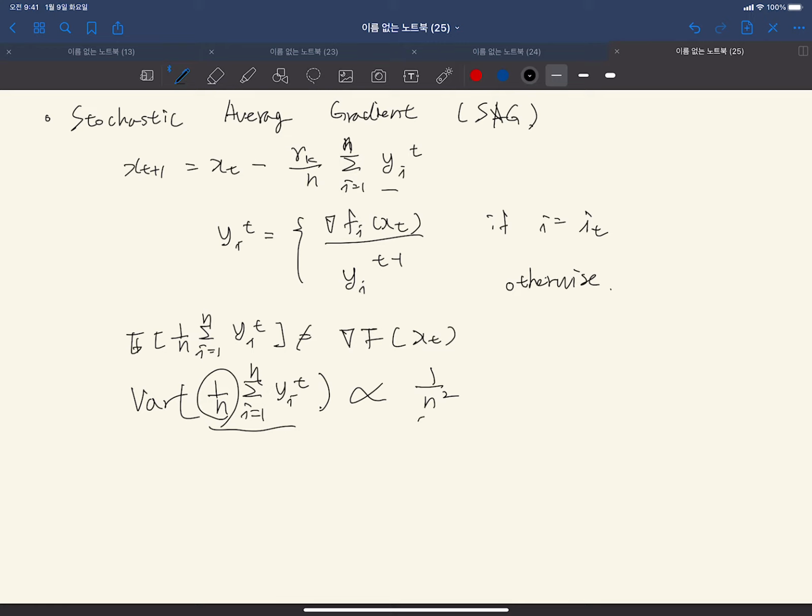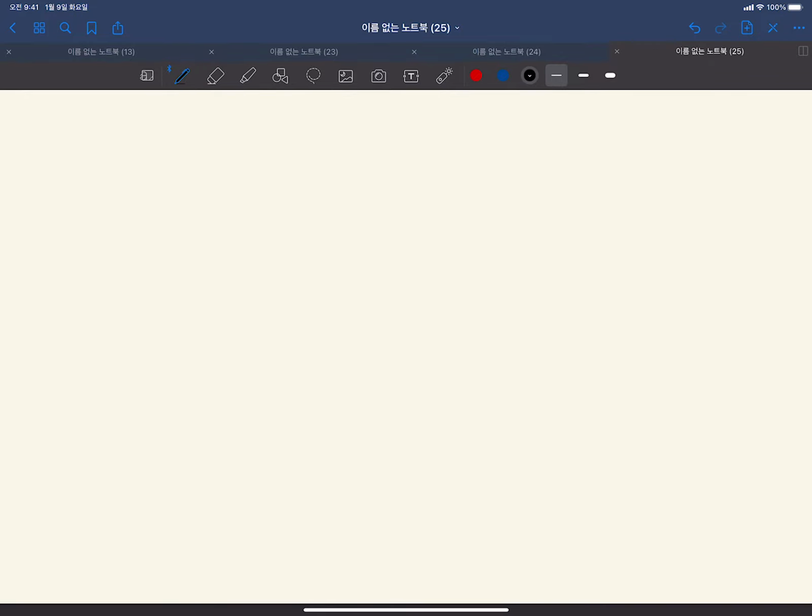Because of this nice property, we can build a fast convergence theory, although that proof is very, very complicated. One simpler version of SAG is SAGA.